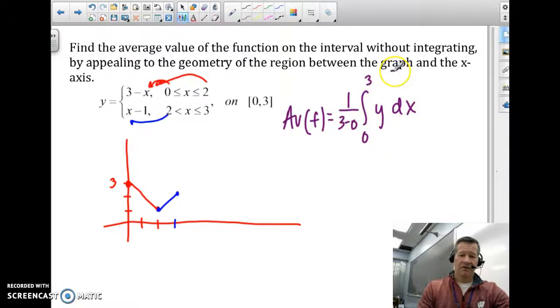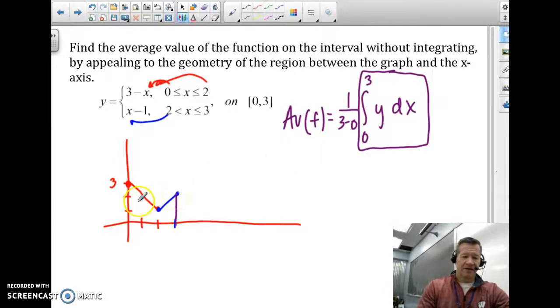This integral is represented by this area right there.